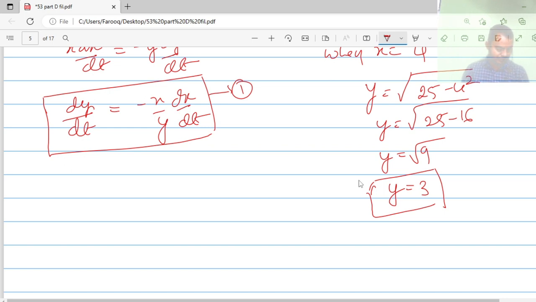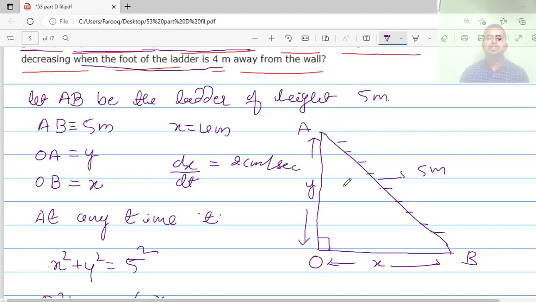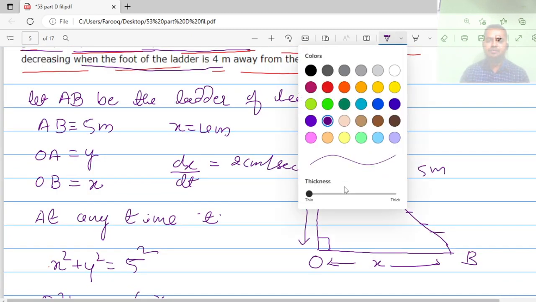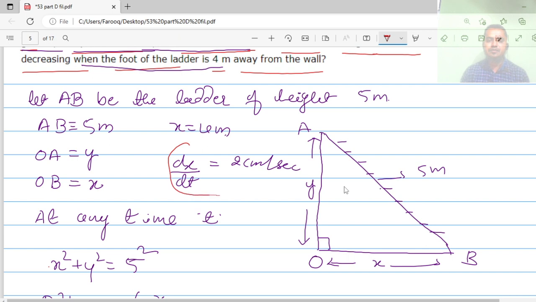Now from equation 1, dy by dt is equal to minus x by y times dx by dt. Here x is 4, y is 3, and dx by dt is 2 centimeter per second, which is given.